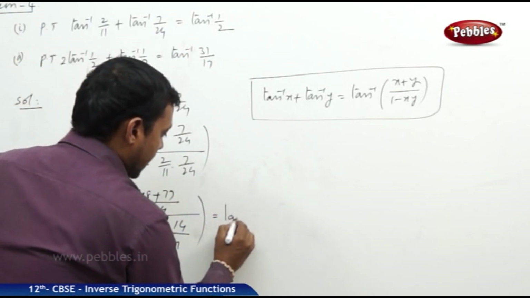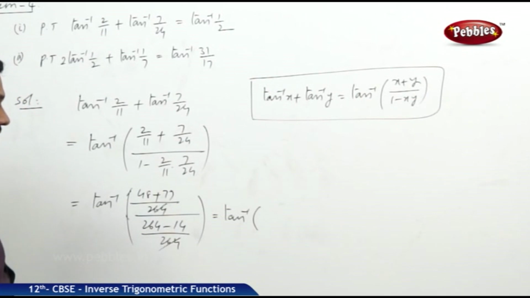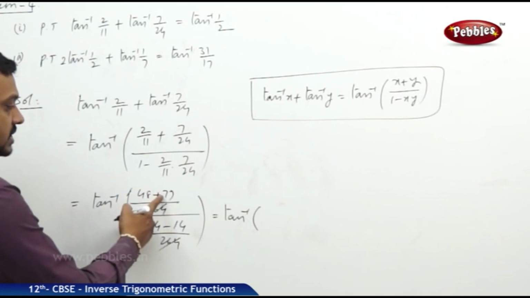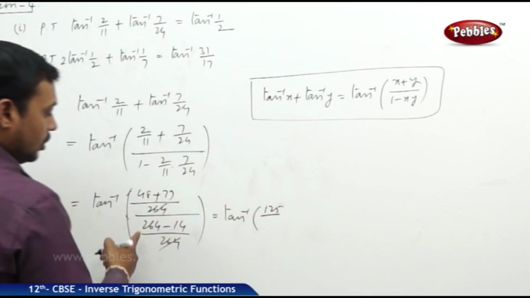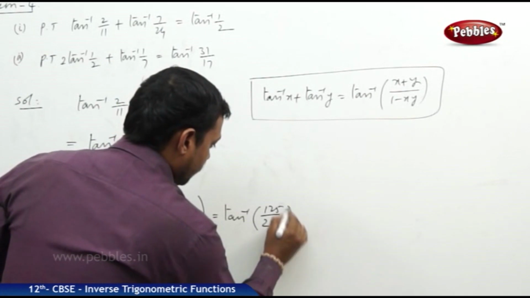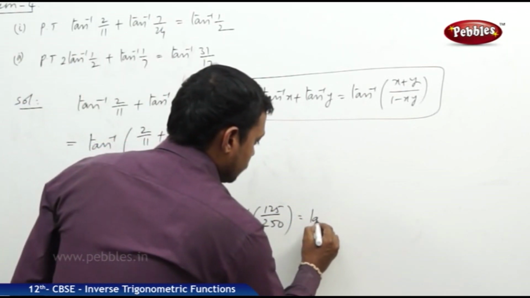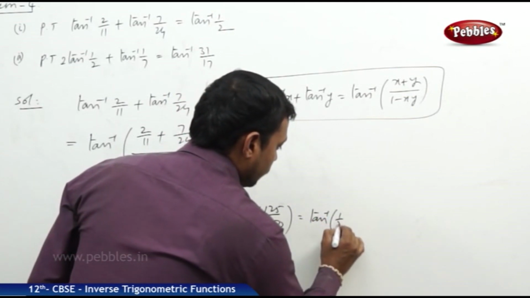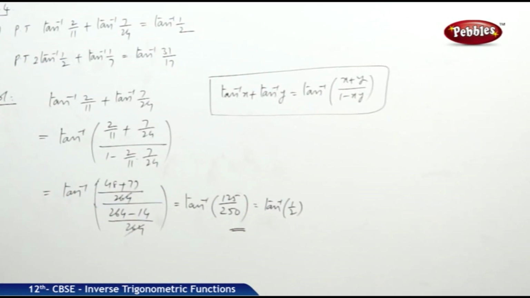Now this is tan inverse of, look, 264 gets cancelled. 48 plus 77 is equal to 125 by 264 minus 14 is equal to 250. Now 125 cancels in 250 two times. So finally this is tan inverse of 1 by 2. Hence LHS is equal to RHS.